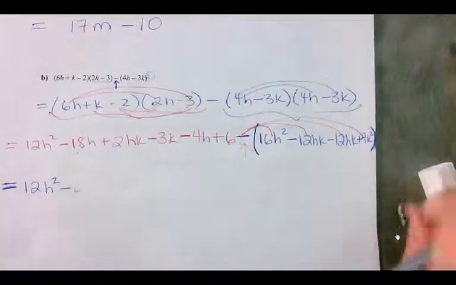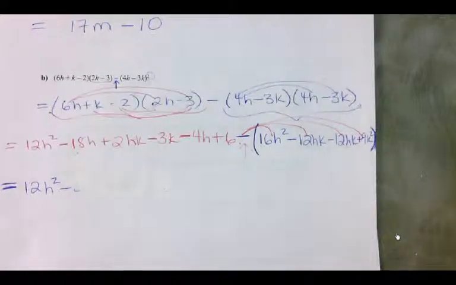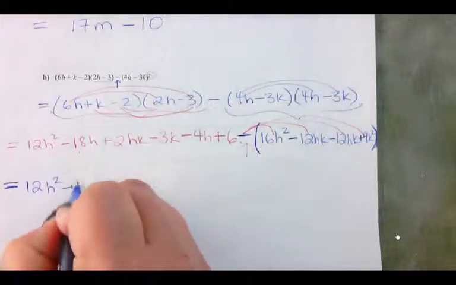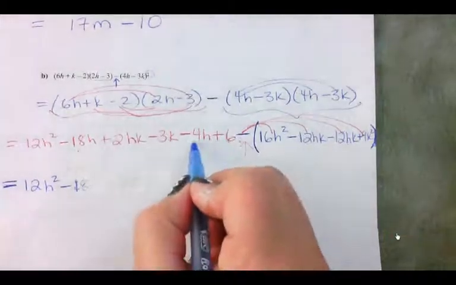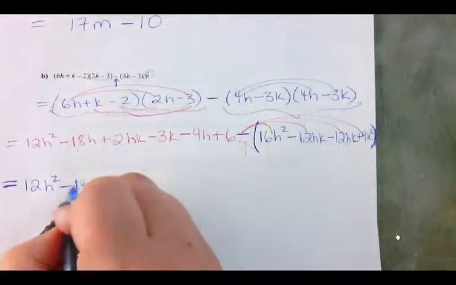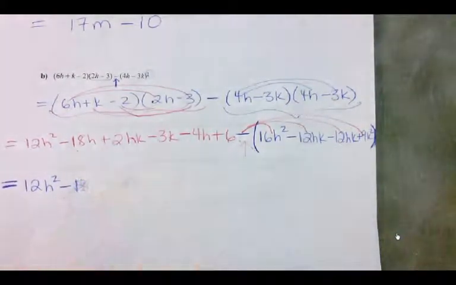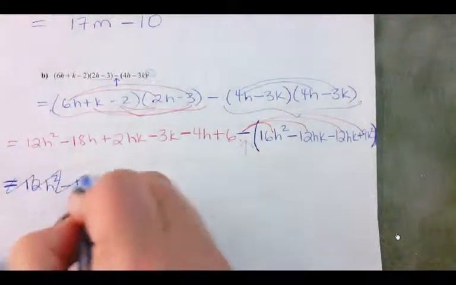All right. Let's try this again. So I've got negative 18h. Do I have any other h's? I do. So if I combine those two, then what do I have? Gee, I just can't catch a break today, can I?